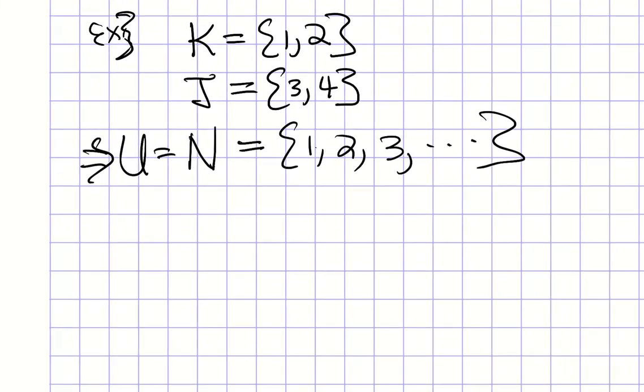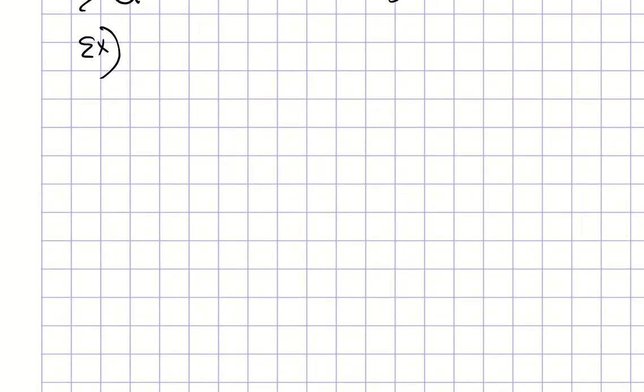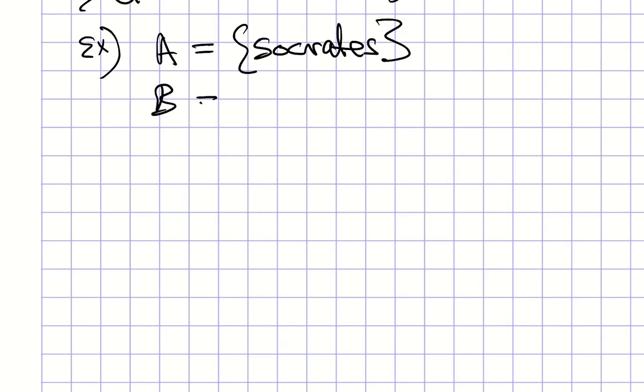You have to make stipulation, that way people know what is the domain of your discourse, right? If you don't do that, then people will get confused or they arrive at the wrong conclusion. Let me give you an example. Suppose set A contains a guy called Socrates. And then let's say set B contains a guy called Obama.